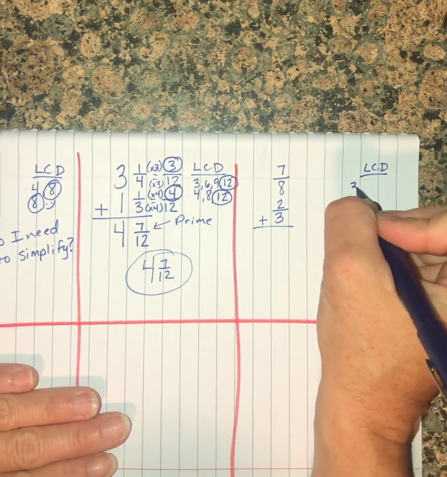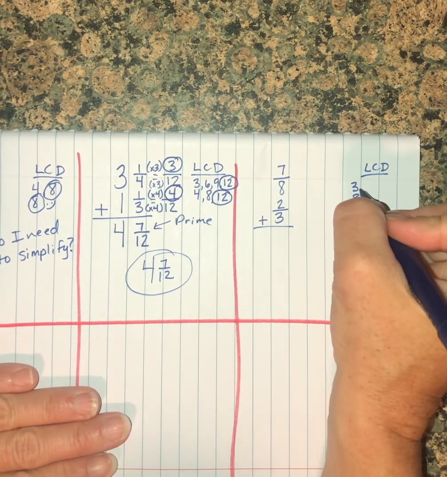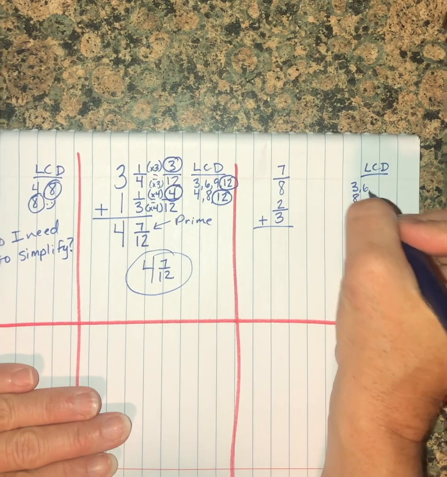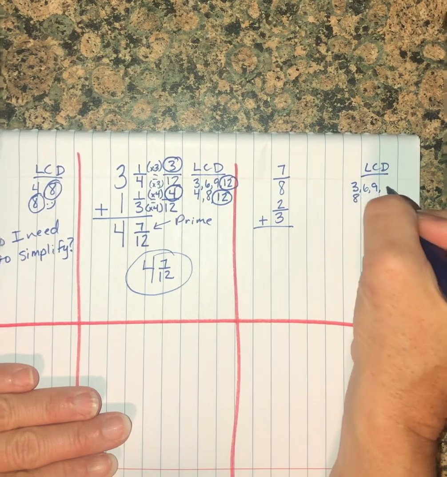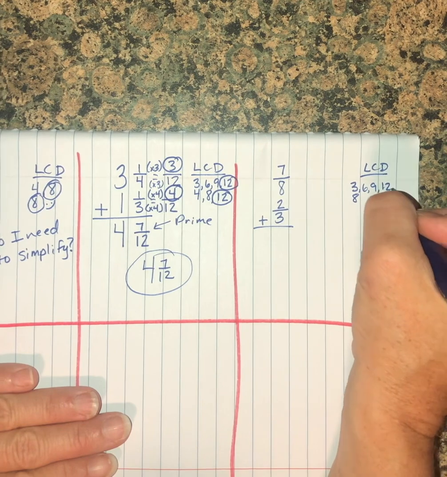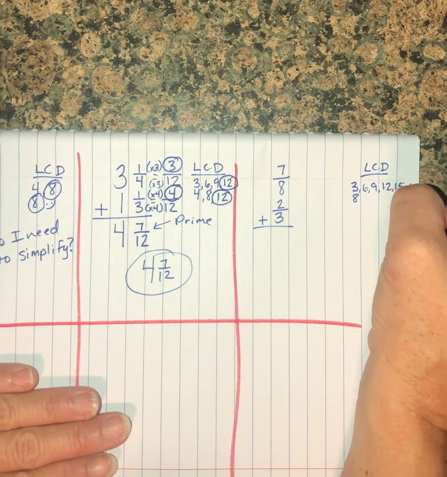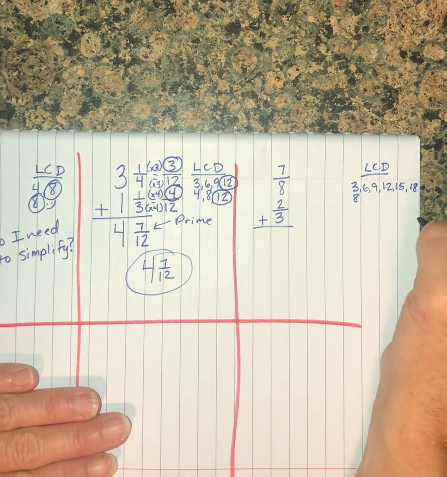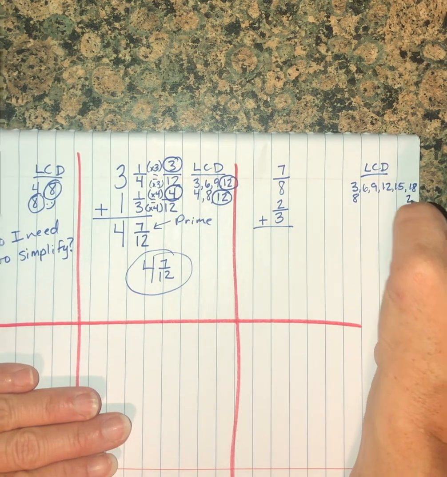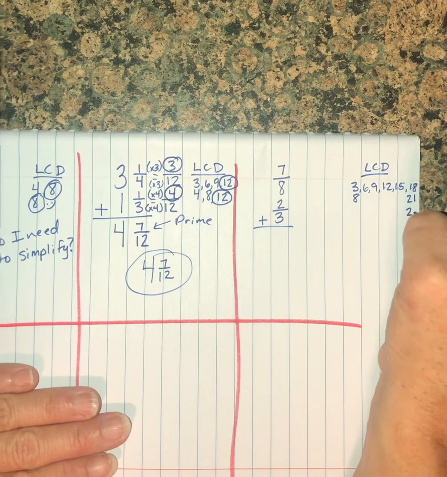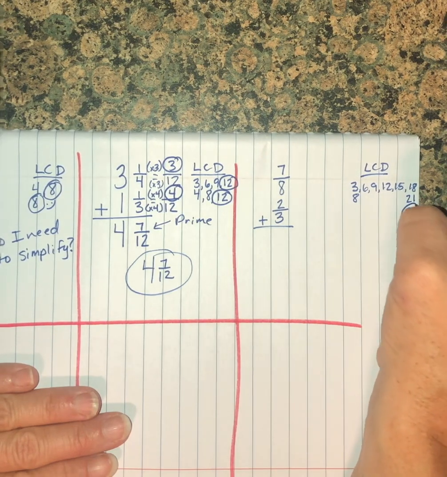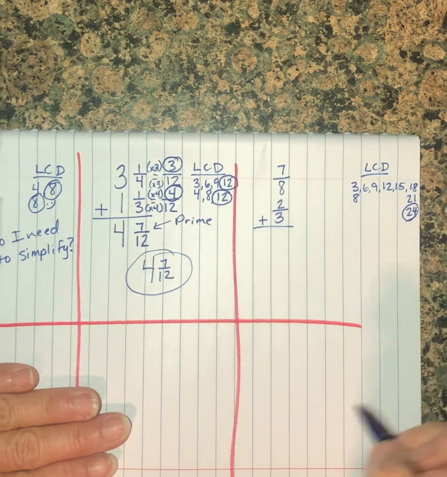I always start with the smaller number. 3, 6, 9, 12, 15, 18, and I'm going to run out of room on this one. 21, 24. All right, 24 is my winner.